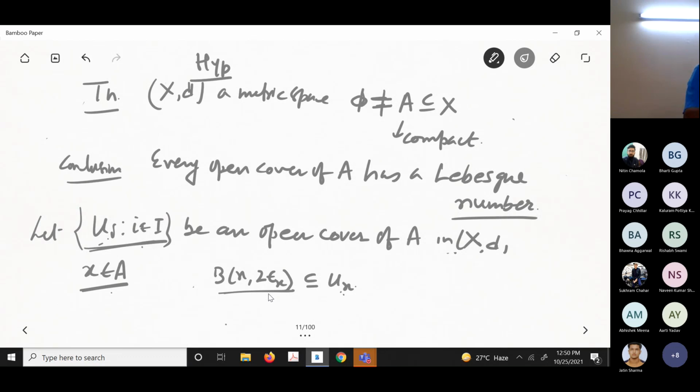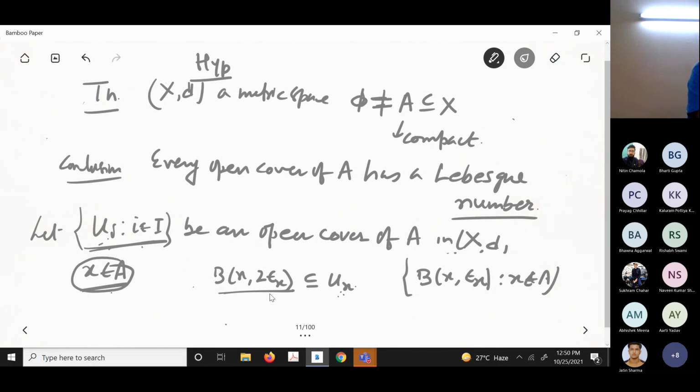Now, you are doing this for each x in A. I have chosen x arbitrarily, and then I have used the definition of open cover. So x belongs to some member, that I am calling Ux.